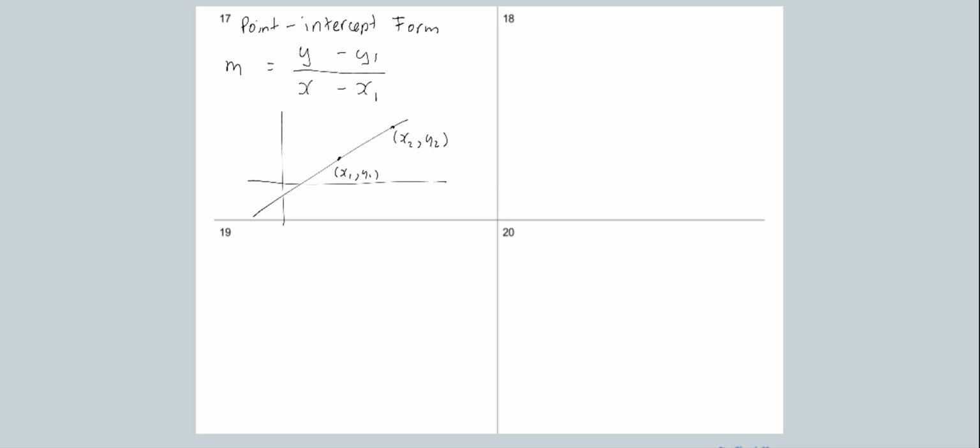And if I multiply both sides by x minus x1, then that cancels out. And then, of course, I have to do the same thing on this side. And so that gives us m outside of x minus x sub 1 equals y minus y sub 1.